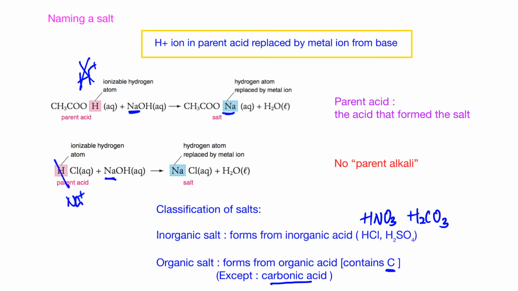Remember, exception, not including carbonic acid. So for example, we have ethanoic acid. Later on, you will learn other things like propanoic acid and many more. You can find that for this kind of acid, very commonly, they will have a lot of carbons in it. So if it is coming from an inorganic acid, we call those inorganic salts. If it's coming from organic acid, we call that organic salts.